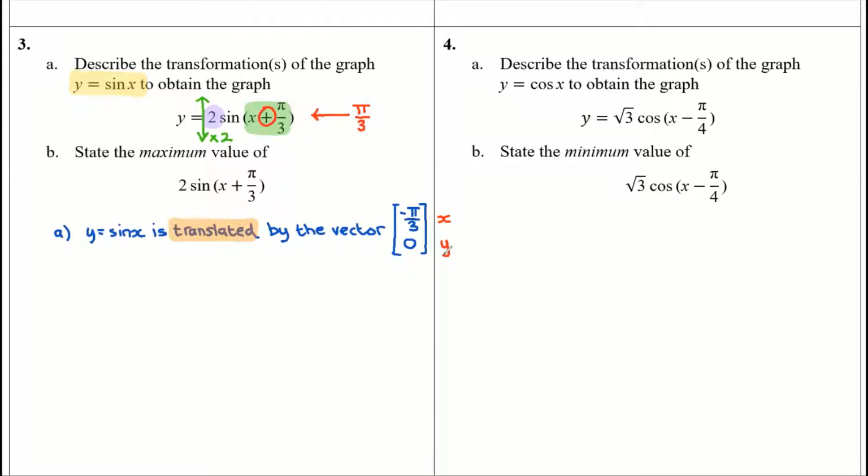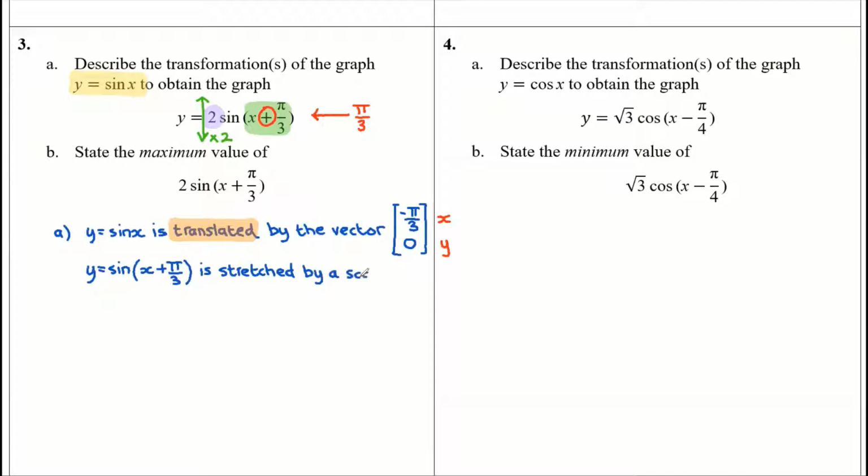Now the second thing is the stretch in the y direction. So we could then say y equals sine of x plus pi over 3, now we've completed this transformation, is stretched, and the scale factor we know is 2.